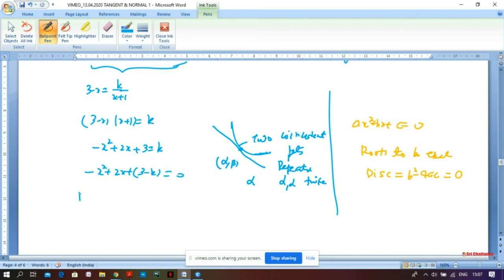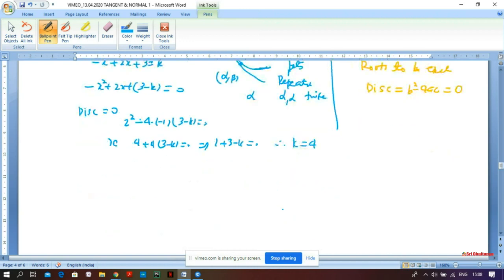And so the condition is that the discriminant must be 0, giving b squared minus 4ac is 0, that is 4 plus 4 times 3 minus k is 0, that is 1 plus 3 minus k is 0. So that gives you k equals 4.